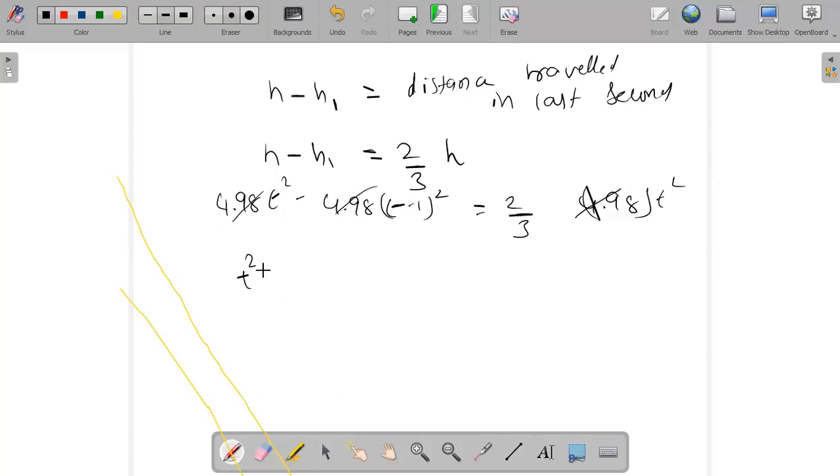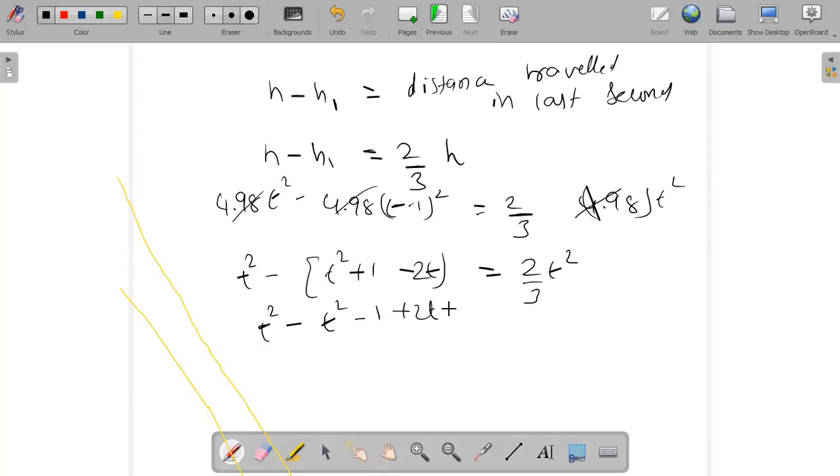So if you write this, t square minus, sorry, the expansion of (t minus 1) the whole square: t square plus 1 minus 2t is equal to 2/3 t square. This will become t square minus 1 plus 2t is equal to 2/3 t square. This t square gets cancelled.